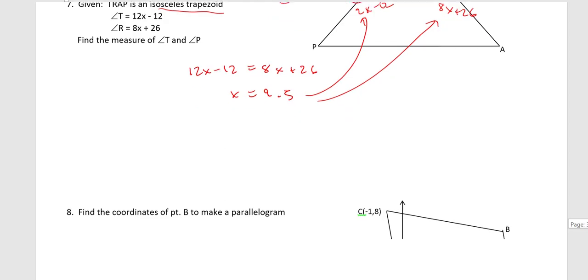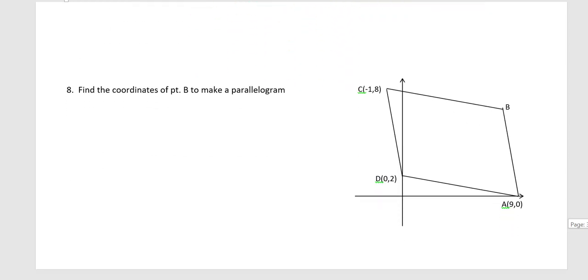Okay, and then the last problem I want to look at is this one here. It's pretty common, but it's actually a lot easier than it looks.